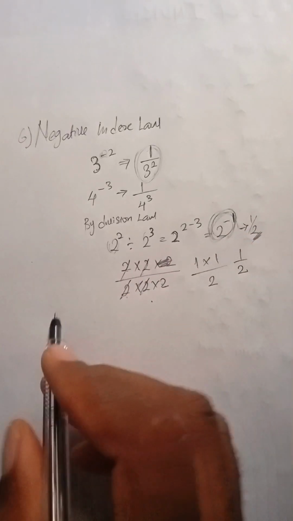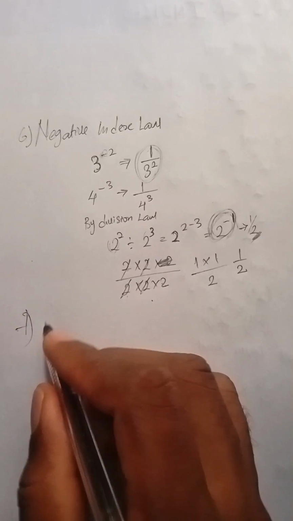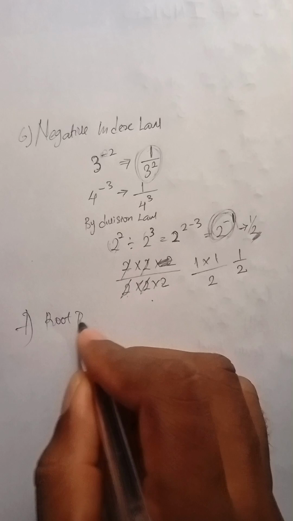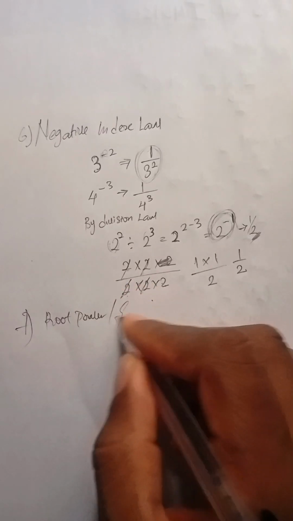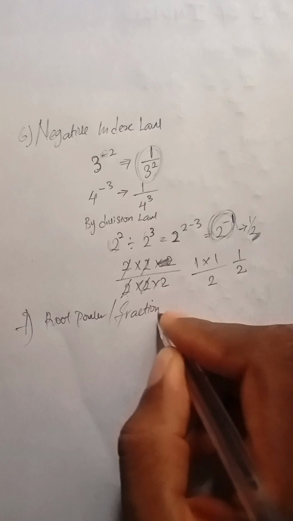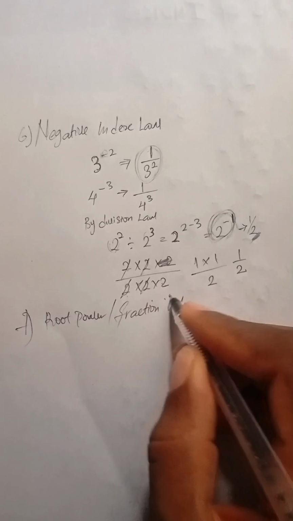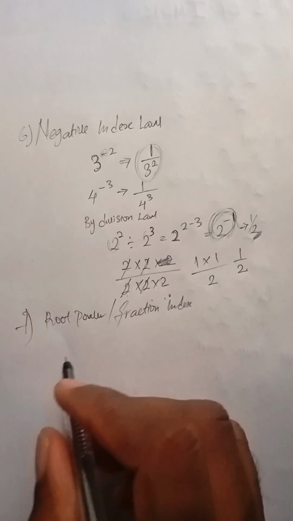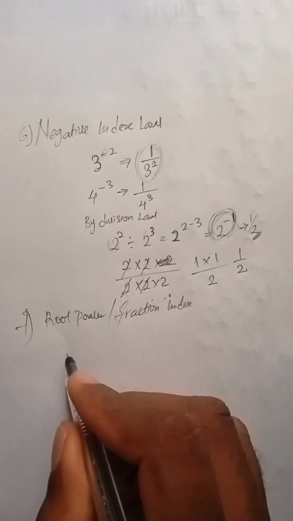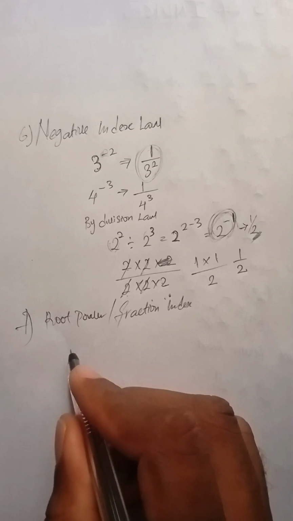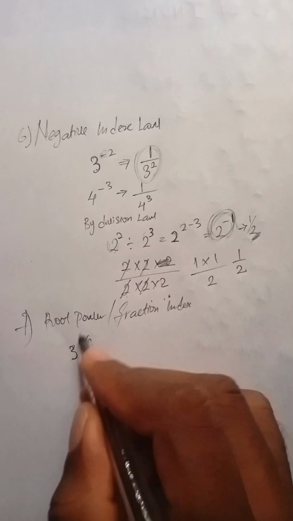Then our next law, the seventh law, we have the root power, or we could say the fraction index. So the root power: when we have a number raised to, let's say, 3 raised to the power of 1 over 2, this is a root power.